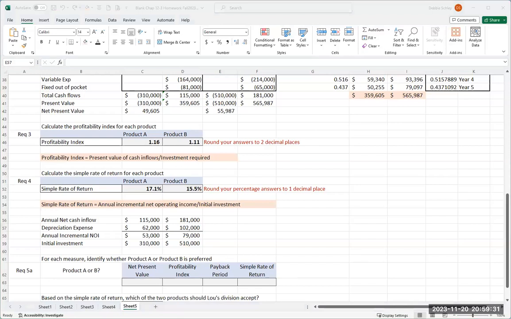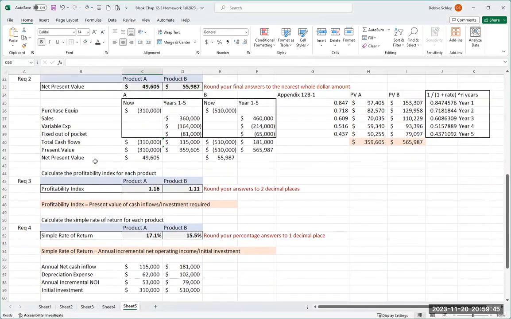Okay. Required 5A. For each measure, identify whether product A or B is preferred. So net present value. Right here, net present value, that was required 2. Which one is worth more?